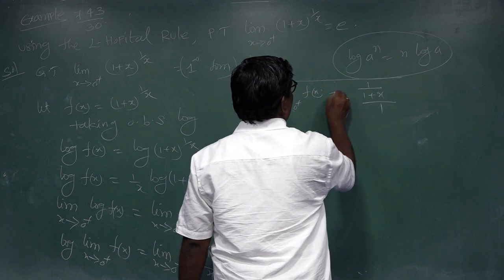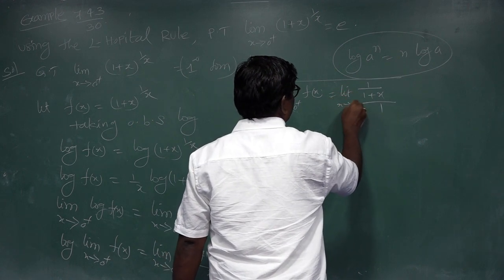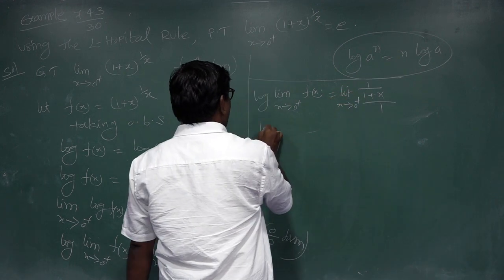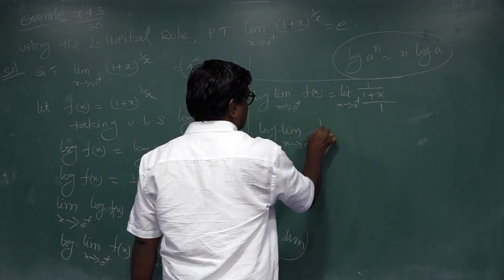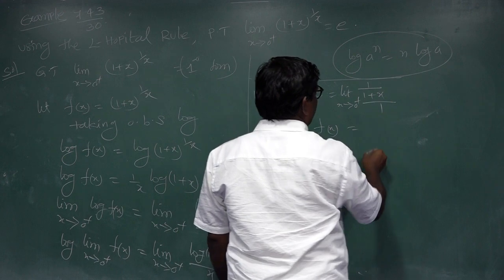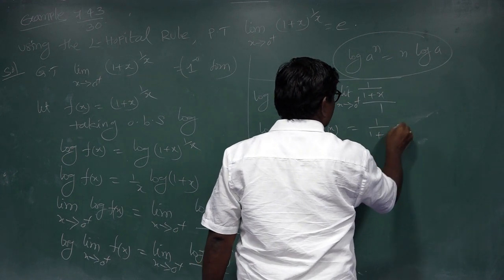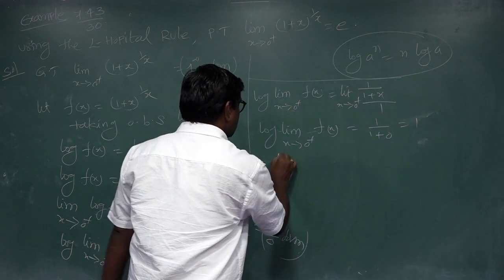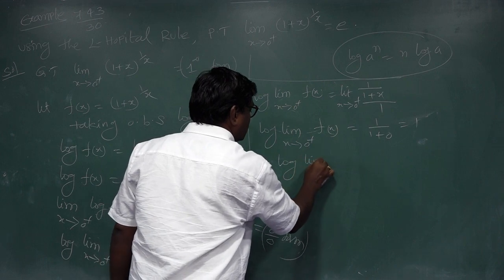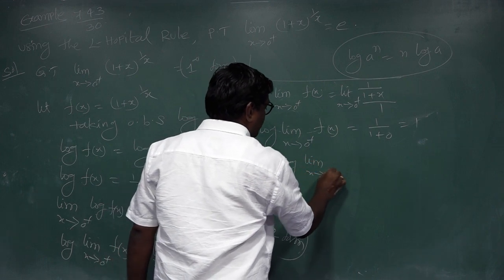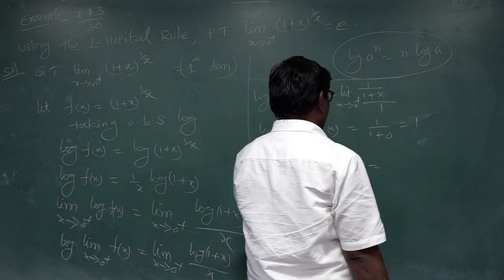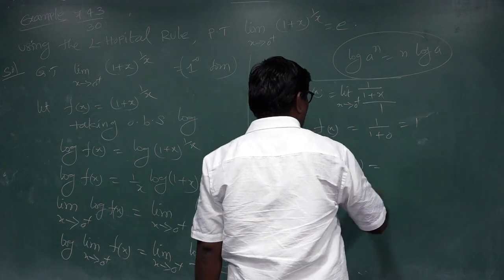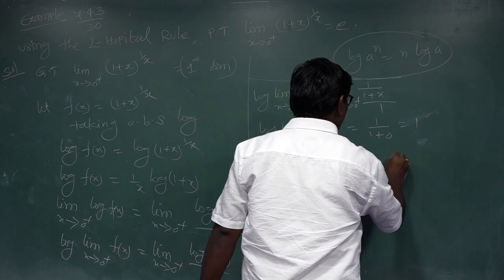Applying the limit, we get 1 by 1 plus 0, which equals 1. So the limit of log of f of x equals 1.